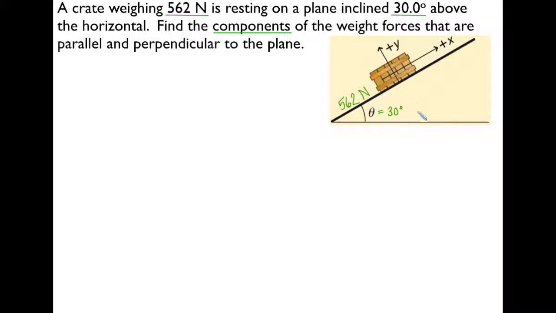So this is our angle, and the length of this is 562 newtons. And we're going to try and find the y component, and then we will find the x component as well.